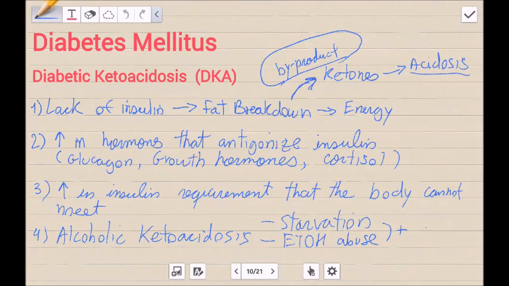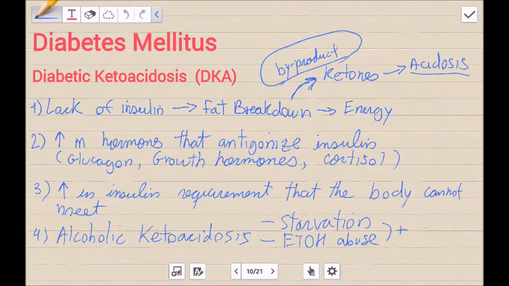It is worth mentioning that there is another condition called alcoholic ketoacidosis. This condition mimics DKA in the sense that it will show up as metabolic acidosis. They will show signs and symptoms of DKA, the tachypnea, the generalized malaise, the change of mental status, and it is usually caused by starvation combined with alcohol use.